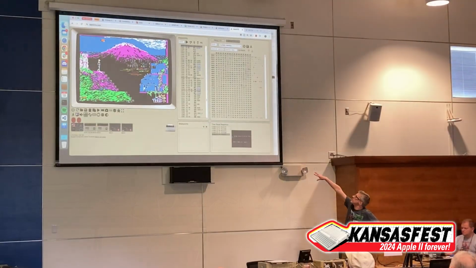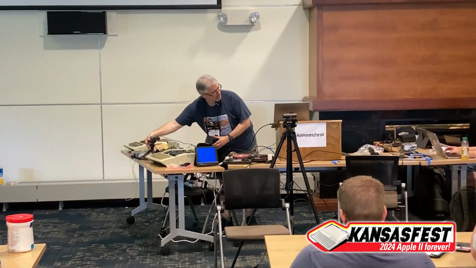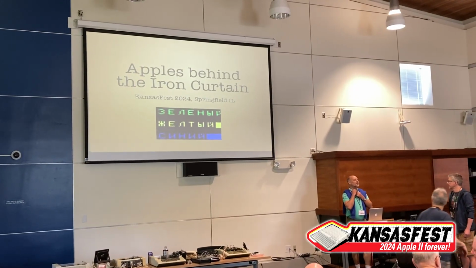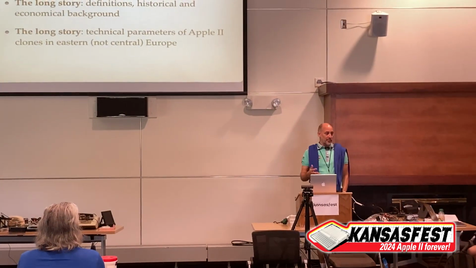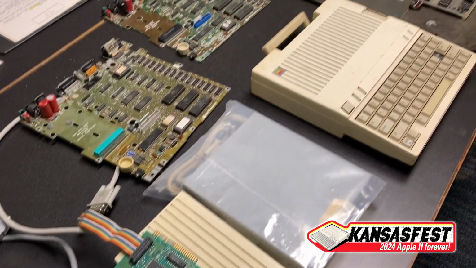Then Chris Torrence gave us some updates about his Apple II emulator. Paul Hagstrom had some updates about his Apple Cat 2 project. And this one's furthest traveled. It's all about clone machines in the former Soviet bloc.